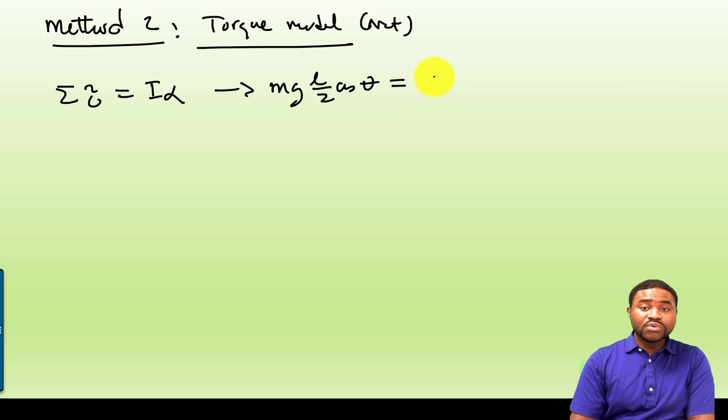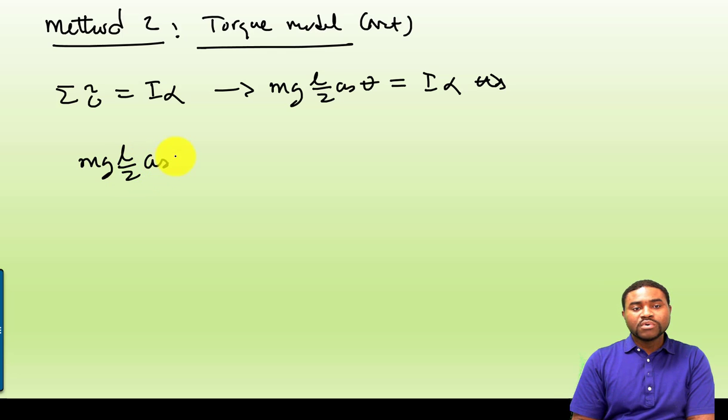All of this should be equal to I alpha, which means that mg L over 2 cosine theta will be equal to beta m r squared multiplied by alpha. The m's can take care of each other.